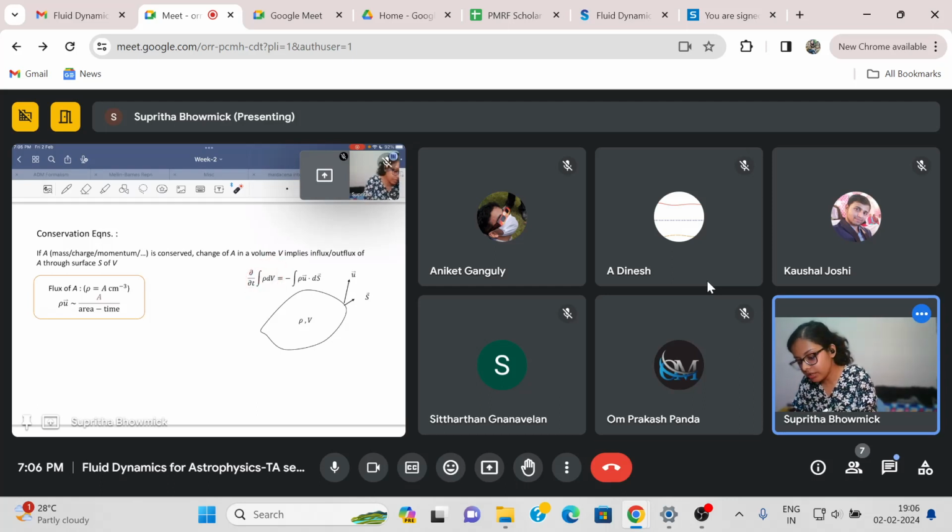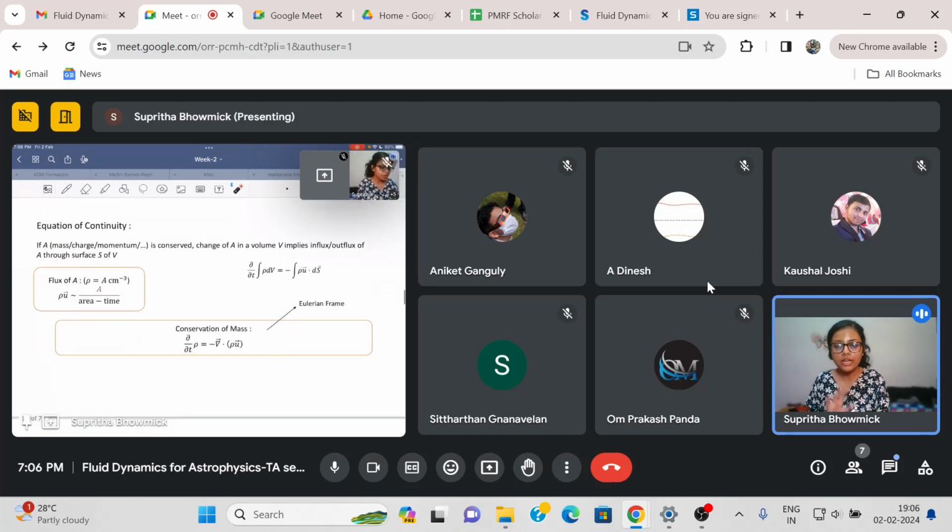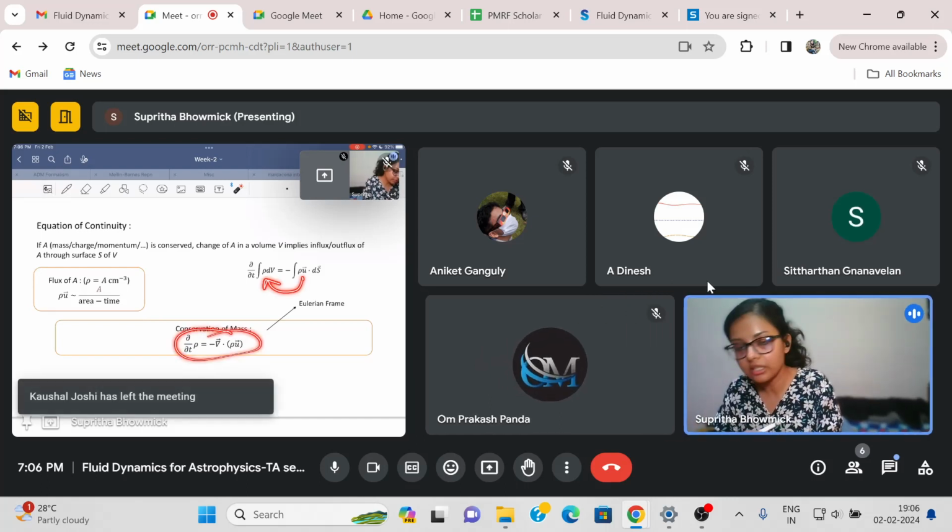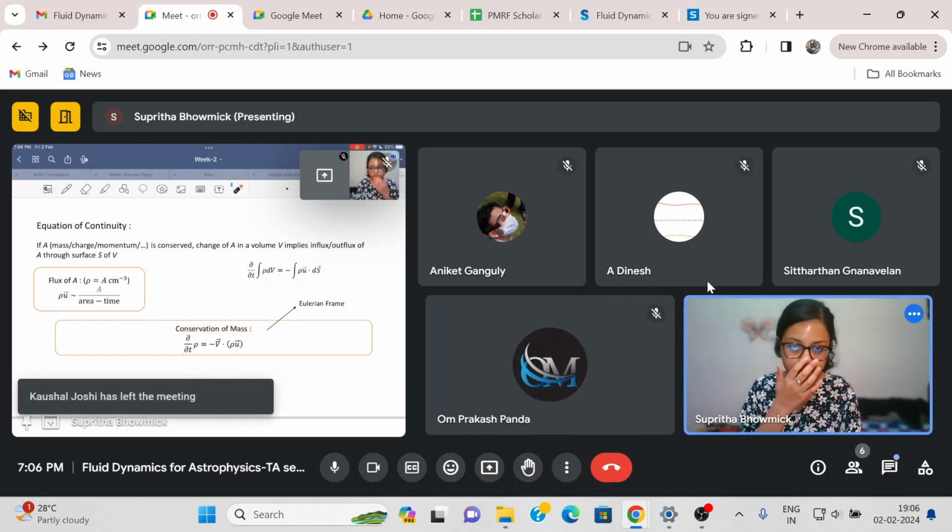So this tells you the rate of change of the quantity A in a volume V. And the right hand side gives you the flux of the quantity through the surface S. Now, since this should hold true for any volume V, if you pull this to the left hand side, the integrand must go to 0, and that gives you the equation for conservation of mass.